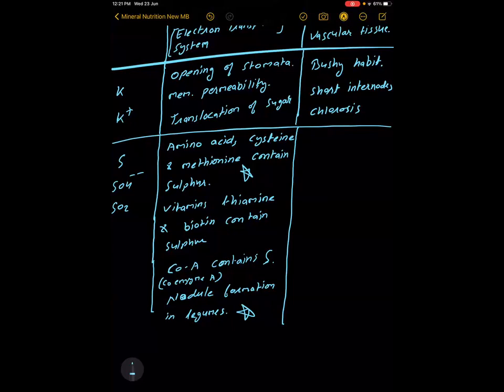So first, reduced nodules in legumes. Second, chlorosis in young leaves first.